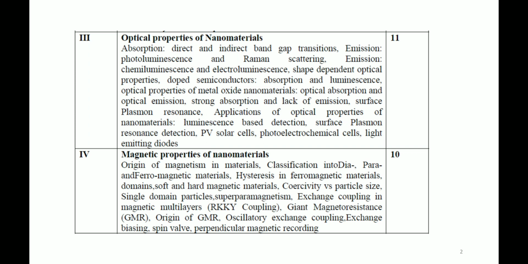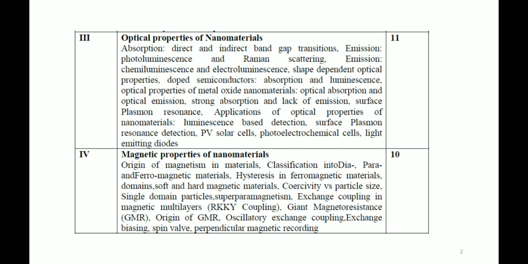These are known effects to us, but we realize that when the material goes to the nanoscale, it shows a new effect which is called superparamagnetism. Superparamagnetism will only exist in the nanoscale, and when the material is in bulk, there are no superparamagnetic properties. So what is superparamagnetism, and how does it generate? Everything we are going to see in this chapter.